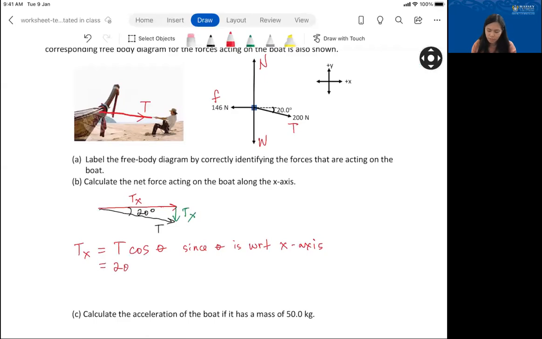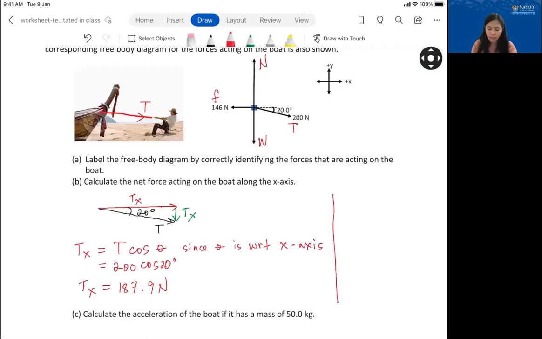Tension force is given as 200 newtons, angle is 20 degrees. So cosine 20 times 200 is 187.9 newtons. And it's pointing to the right, so it's positive.